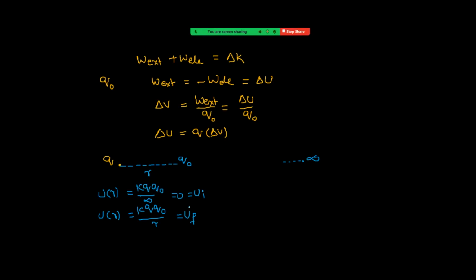Now, the potential at that point because of Q is equal to the potential at that point, that is distance R, minus the potential when distance is infinity. That is equal to the change in potential energy, that is K Q naught by R minus 0.